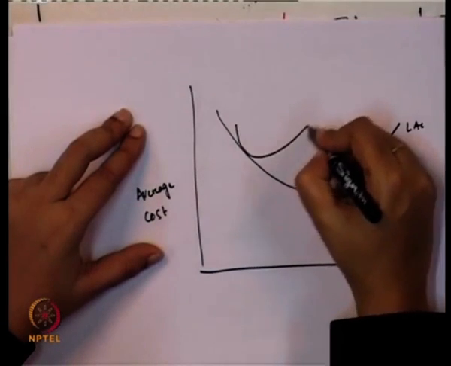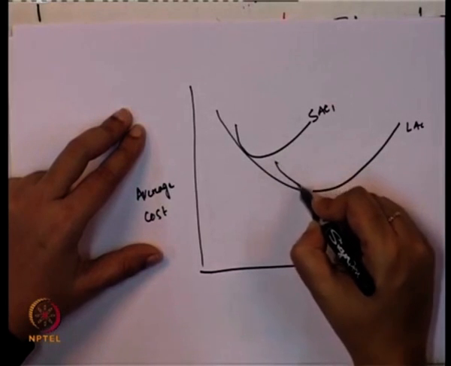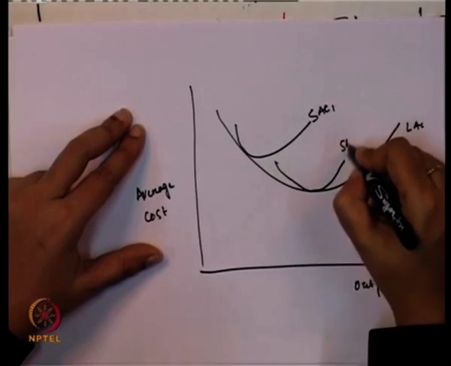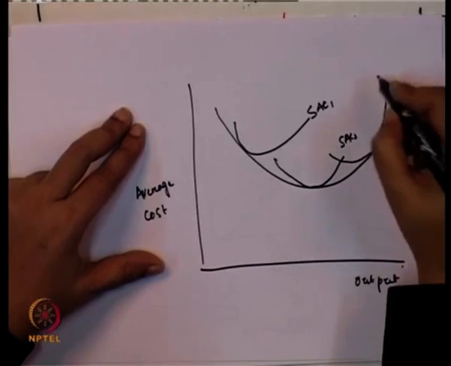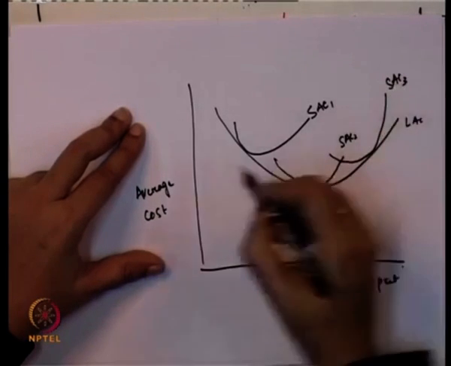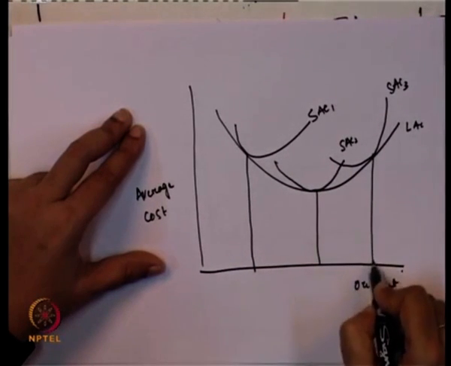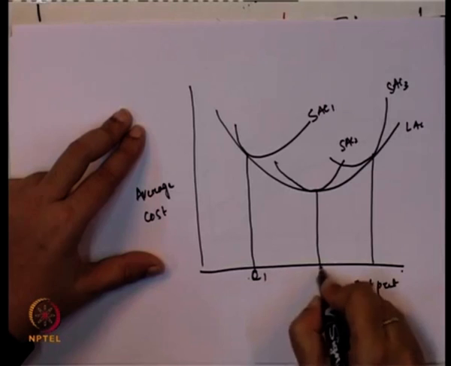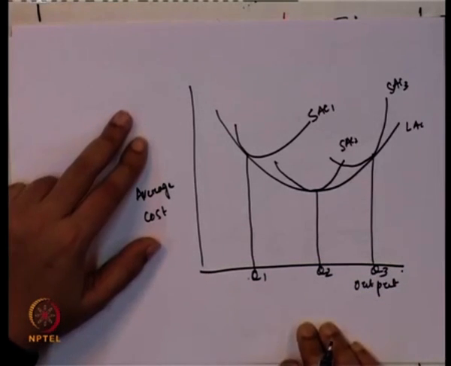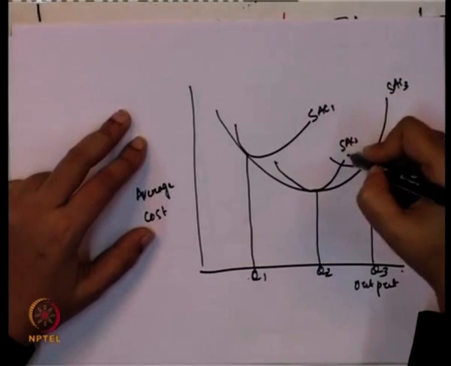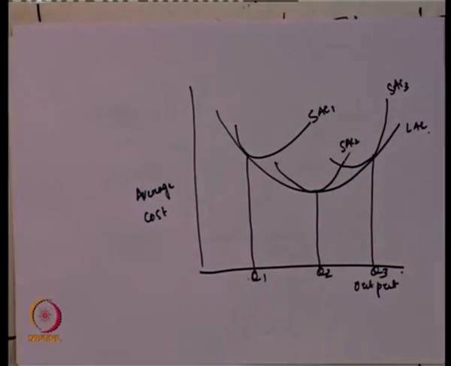Similarly, we get a short run average cost curve 1 here, then short run average cost curve 2, and similarly the short run average cost curve 3. Corresponding to that, we get 3 levels of output, because that leads to 3 cost curves. So, this is SAC 1, SAC 2, SAC 3, and this is the long run average cost curve.